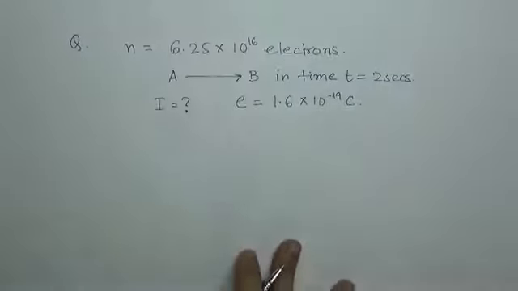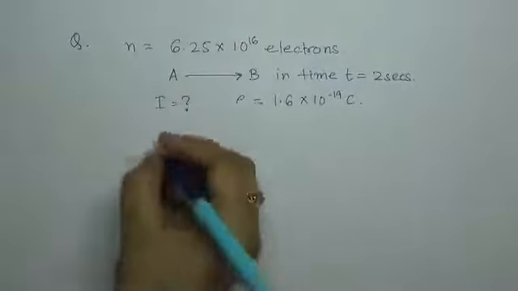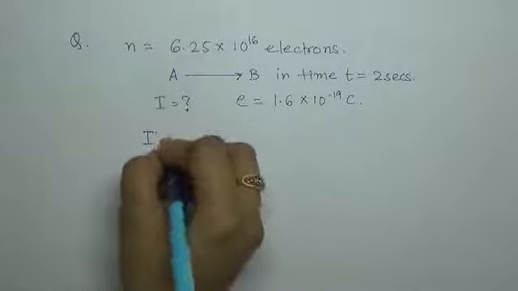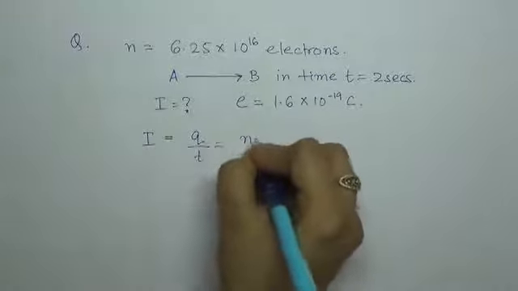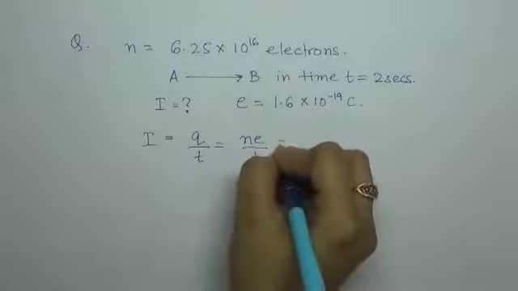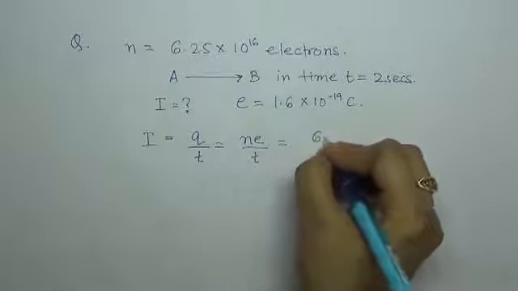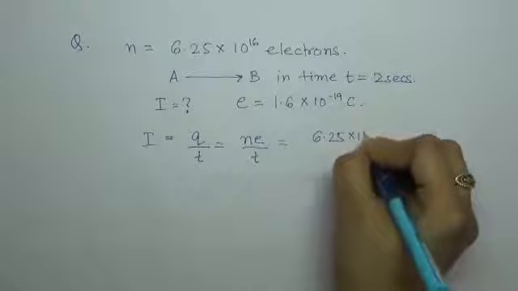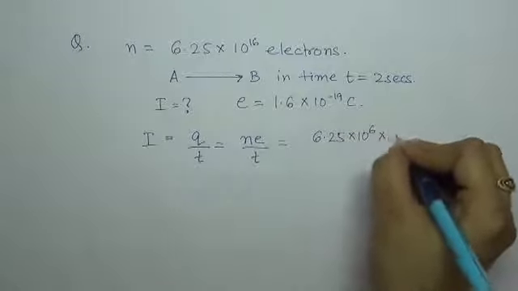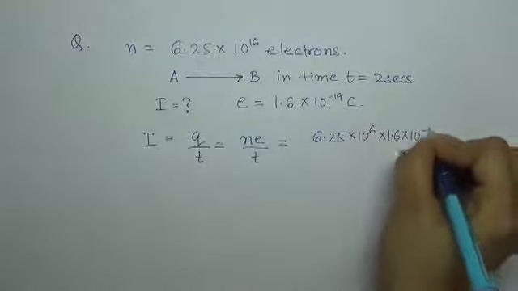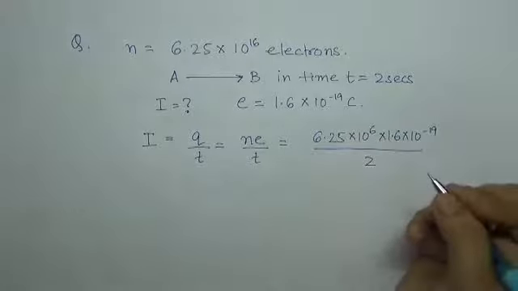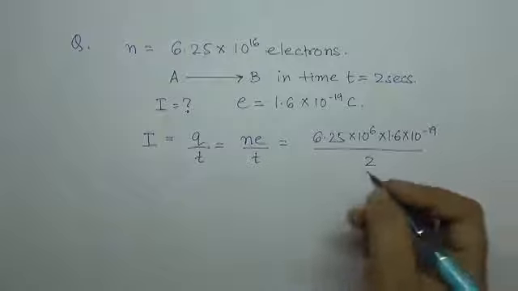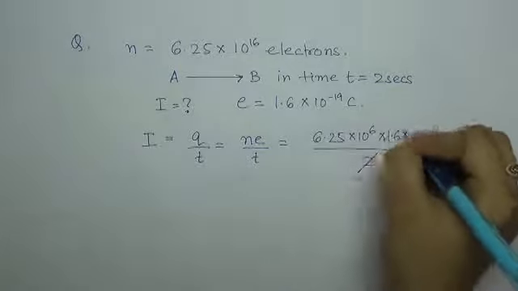So let us find I. What is the formula for I? I is equal to Q by T, which we can write as Ne by T. We have the values: n is 6.25 into 10 to the power 16, e is 1.6 into 10 to the power minus 19, and time is 2 seconds.